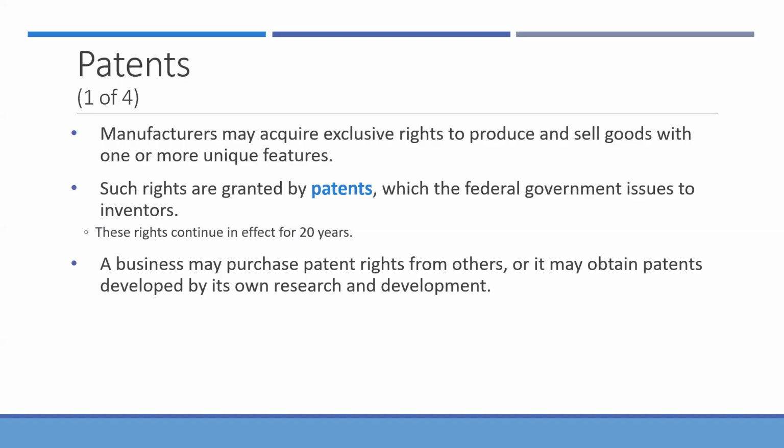They have to give the government a list of this is the patent, this is exactly what the product does, and then it's public knowledge so that other people don't do that. Usually it's a 20-year life of the patent, and it can be purchased from others or developed internally.